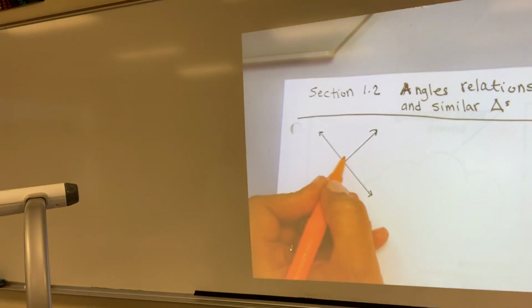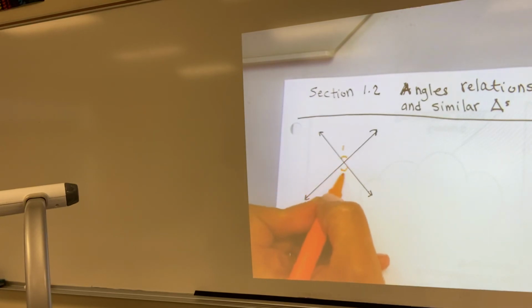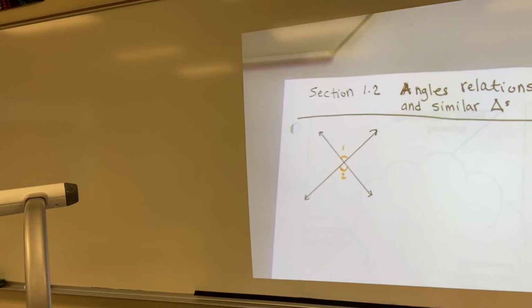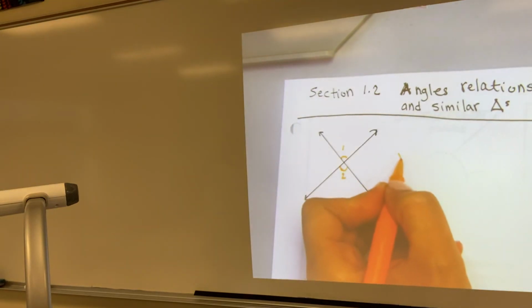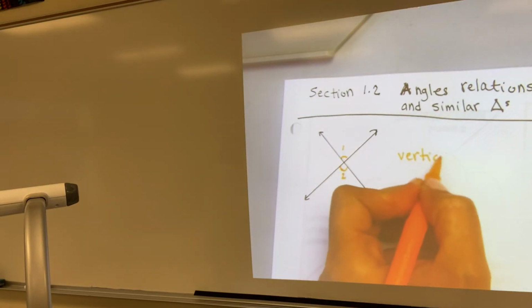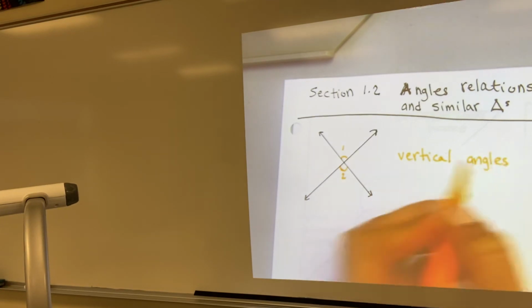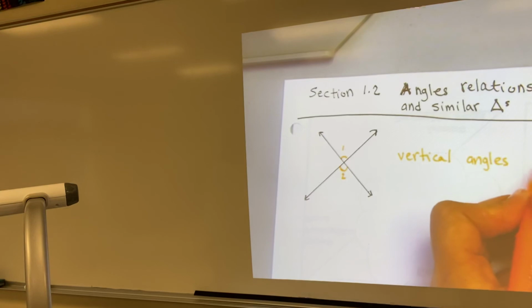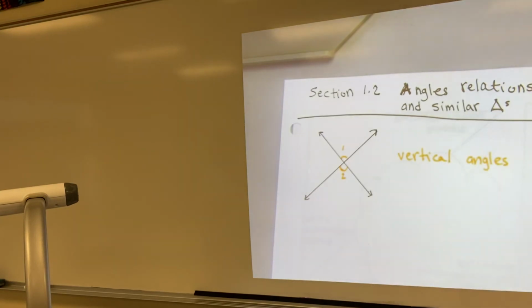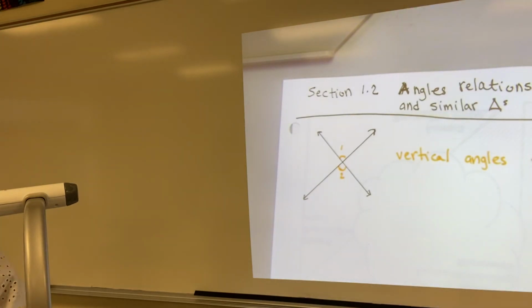Angles 1 and 2 share the same vertex, and that's why they are called vertical angles. And vertical angles are congruent, which means they are of the same measure.